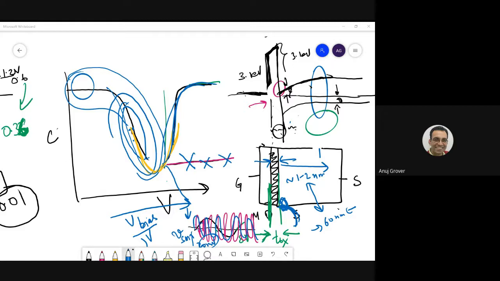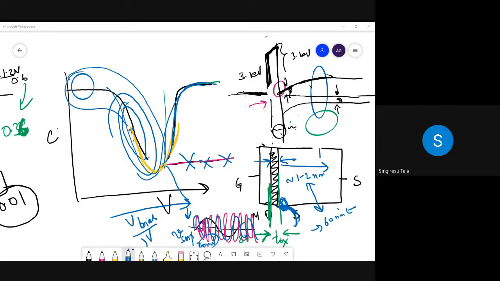Sir, actually, I'm not able to understand this. The band is bent by 3 point something electron volts. So look at it like a fence. You've seen photos of the Great Wall of China? They are made on a mountainous trek.